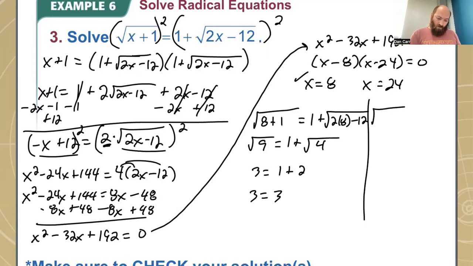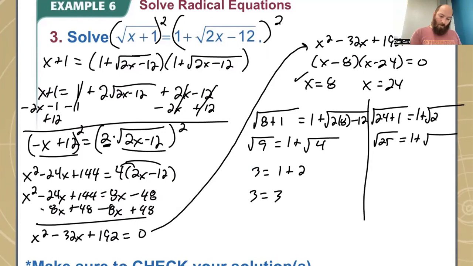Let's try 24. So the square root of 24 plus 1 is equal to 1 plus the square root of 2x minus 12. So the square root of 25, 1 plus, oh, I put a 2x in there.